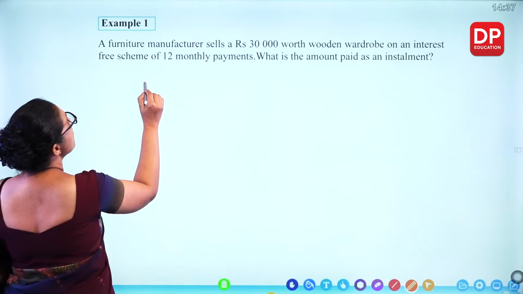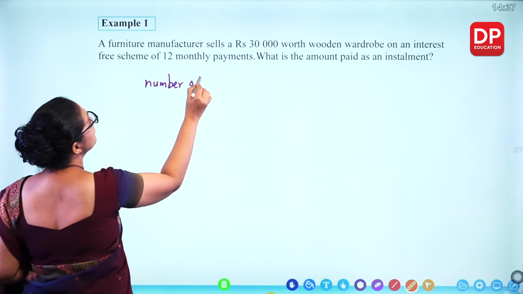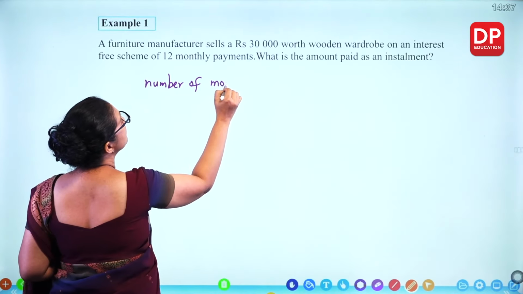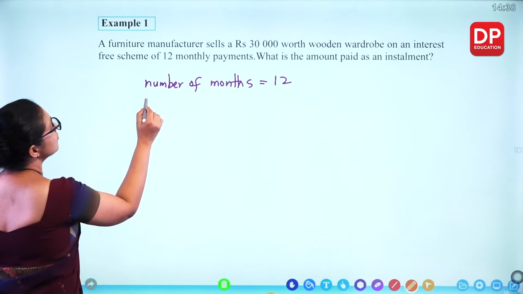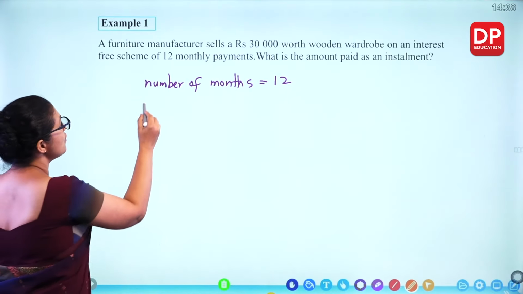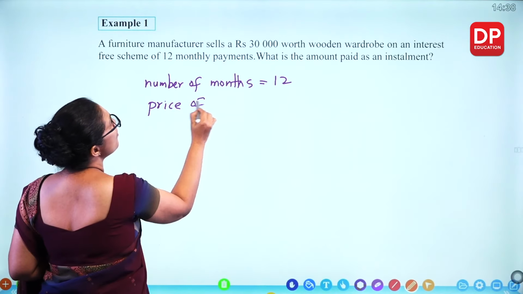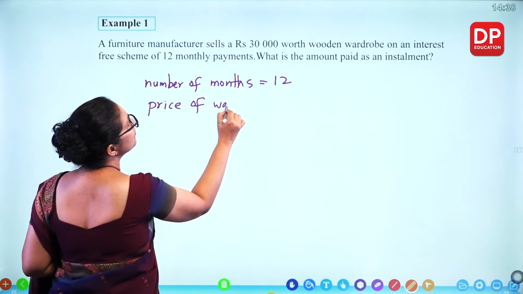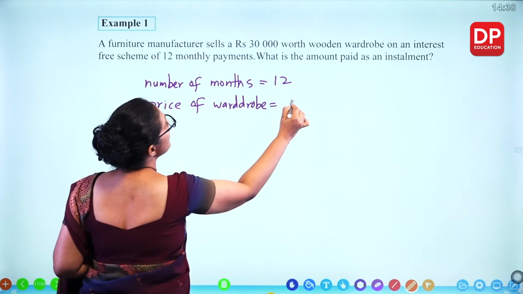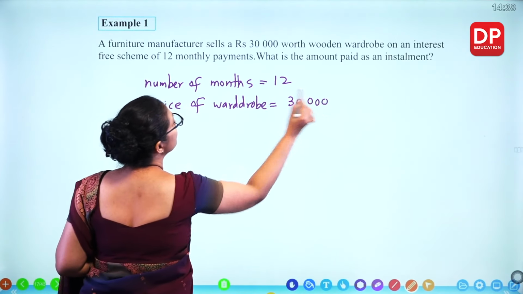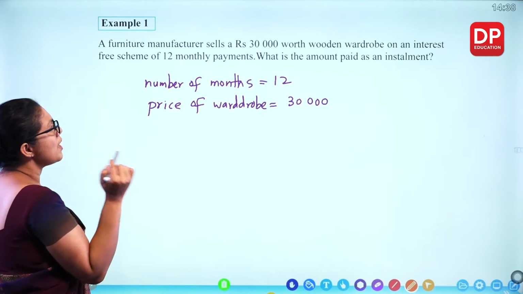So number of months, 12. So you can find out the price of the wardrobe. 30,000. That's also rupees. So there are 12 months.